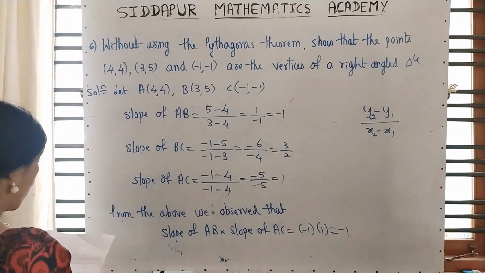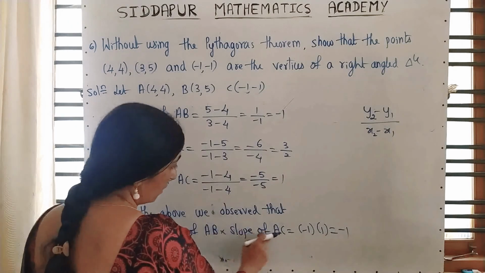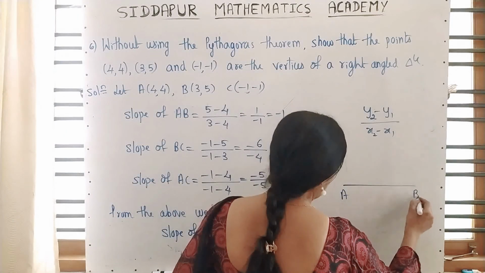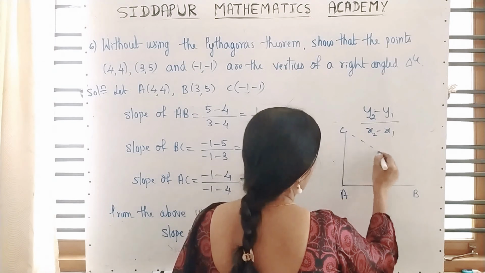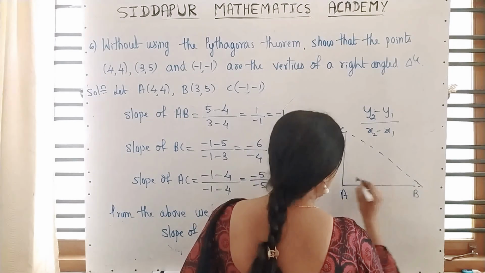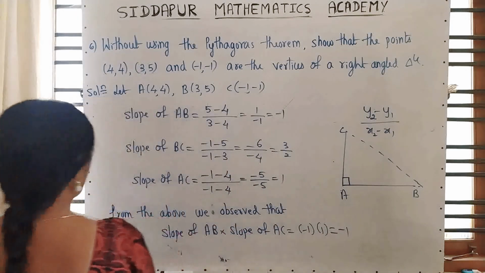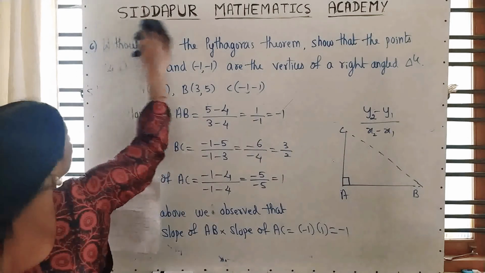The product of the two slopes is -1. If you take this as AB and this as AC, they are perpendicular to each other. Now this is a right angle triangle with right angle at A. Therefore, the given triangle is a right angled triangle.